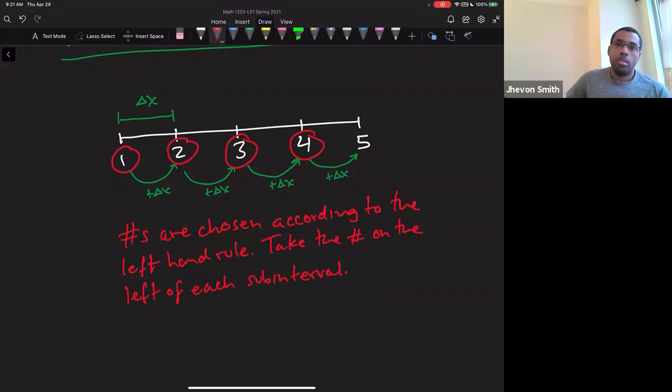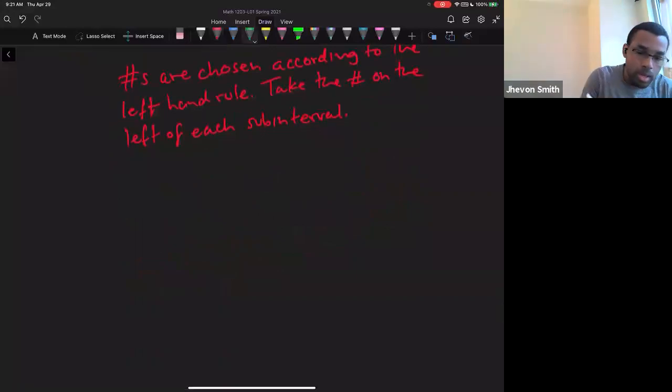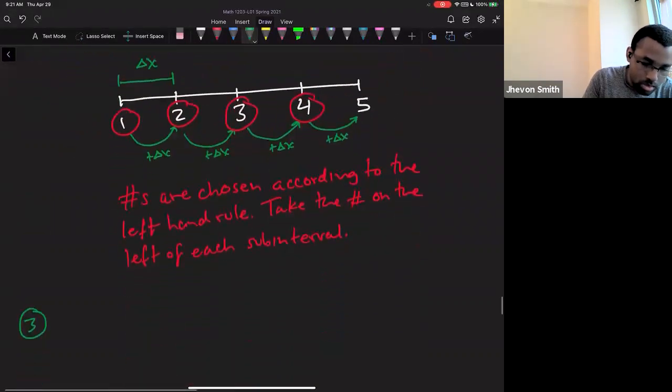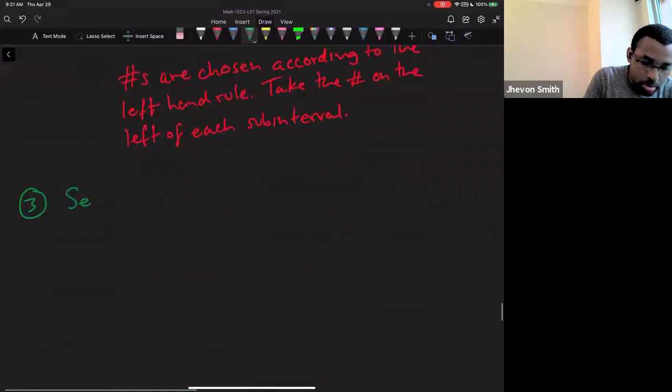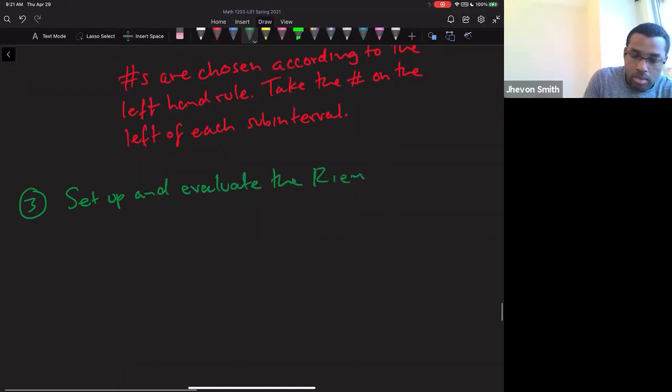Okay. Right, so now we have the numbers, we have the x values that we want. Now remember what we do is we plug these x values into the f of x to find the height. So here, we're going to step 3, which is to set up and evaluate the Riemann sum.